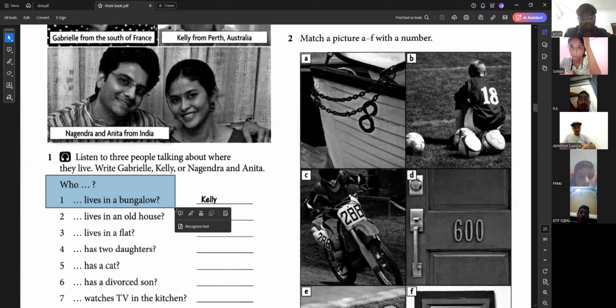Somebody lives in a bungalow. Who lives in a bungalow? Now look at that lives. No does, no do. Who lives in a bungalow, people? Kelly. Kelly lives in a bungalow.